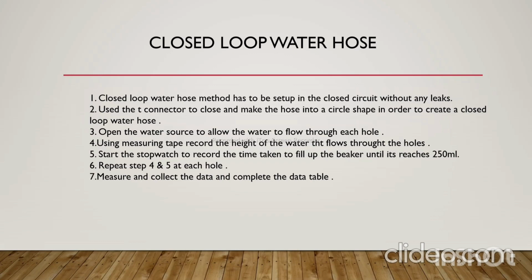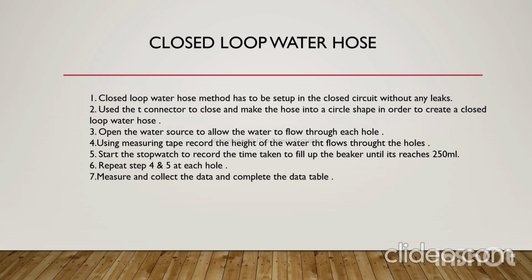For the closed loop water hose, we have to use the T connector and make sure it's in a circle shape, and we have used the connector at each hole. Once we open the tap and allow the water source, we have to measure the height of the water that flows through each hole.